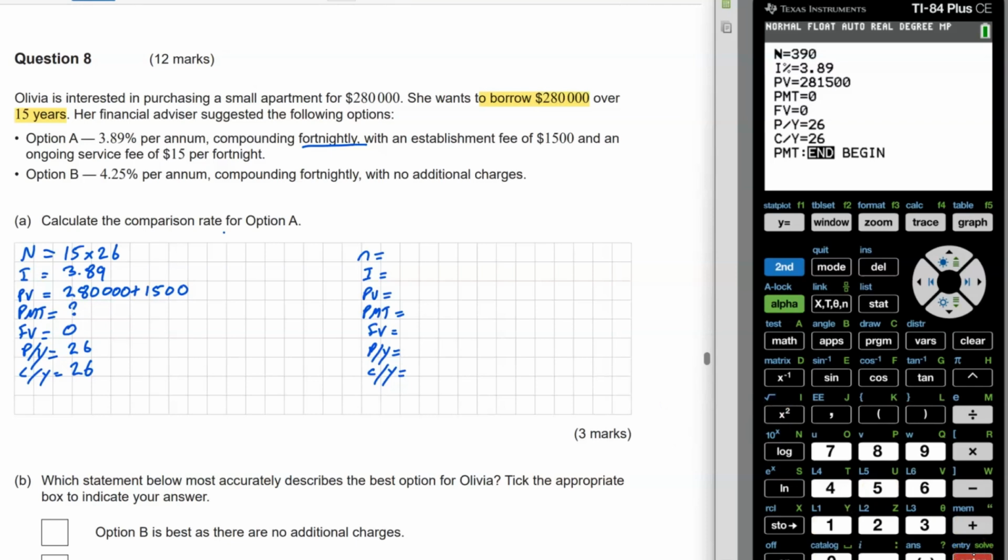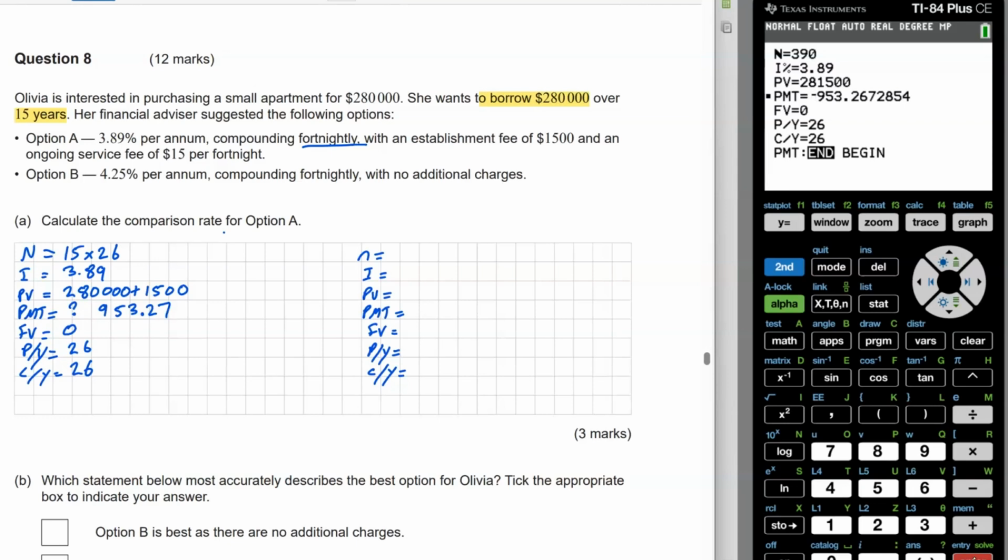The payment itself we're finding is 0, future value is 0, and then it's already set to be 26. So we should just be able to go alpha solve, and we should see here that we are going to pay $953.27.